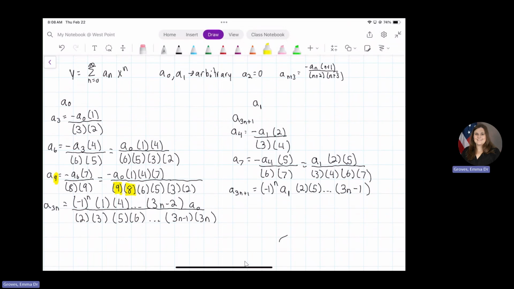Notice, I think this is a really interesting pattern we can notice. In our general rule, we had n plus 3 and then n plus 1, right? So that was 2 less than what I had on the left. So here, I've got this and then this. It's 2 less than what I have on the left. So that's where it comes from.